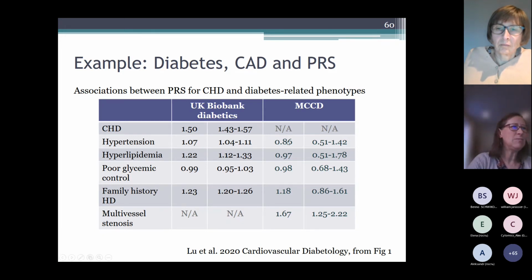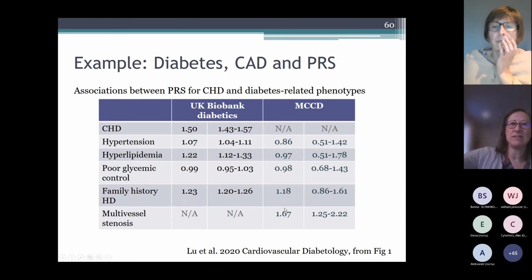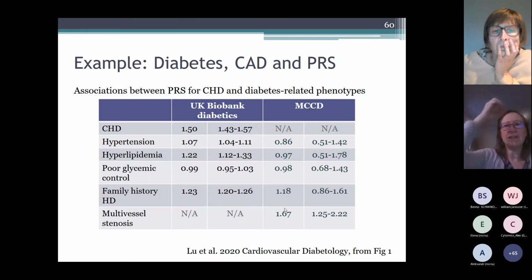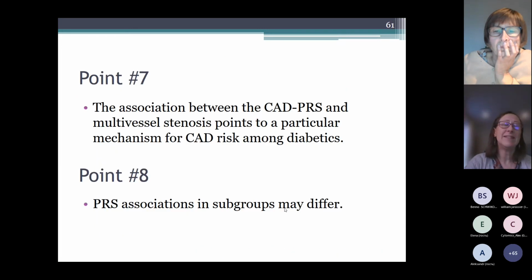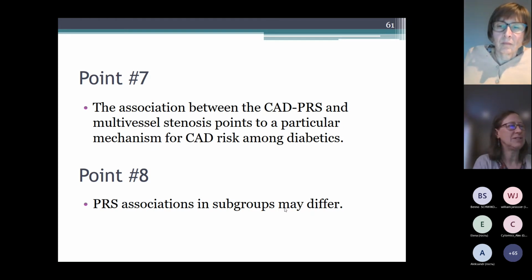It doesn't seem to be drastically coming through hypertension or hyperlipidemia. This seems to be perhaps the mechanism that puts those diabetics at risk of heart disease. I realize it's hypothetical. So two more points here. The association between the coronary heart disease PRS and multi-vessel stenosis points to a particular mechanism. And point number 8, PRS associations in subgroups may differ.